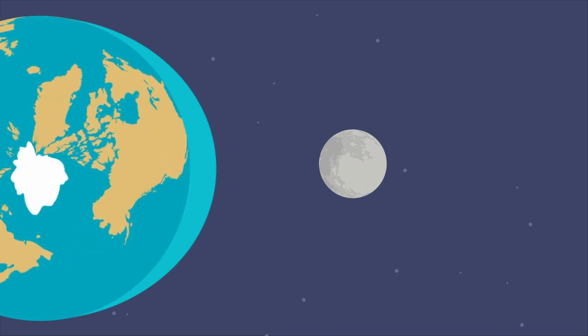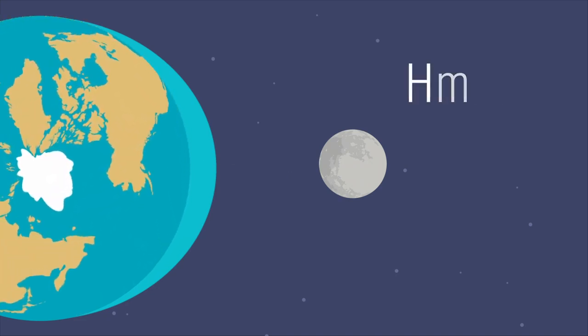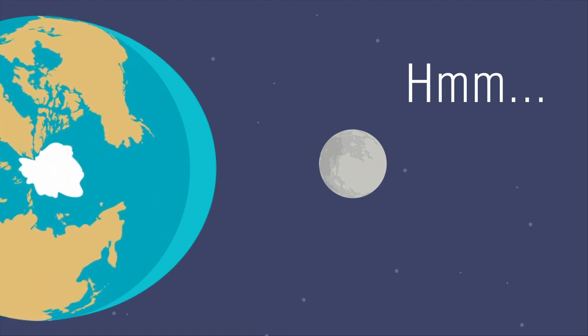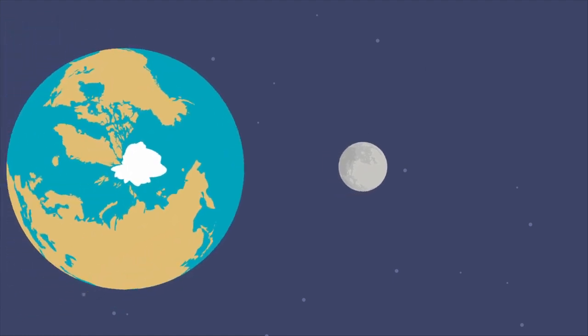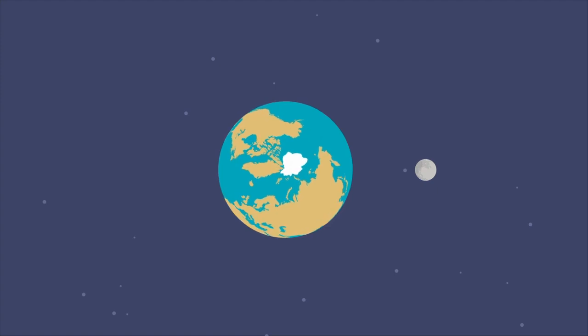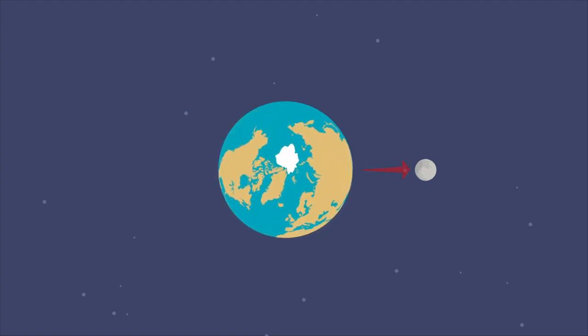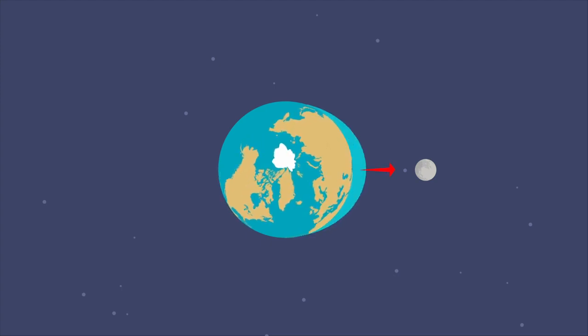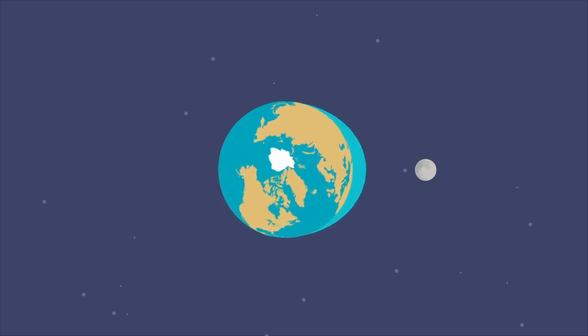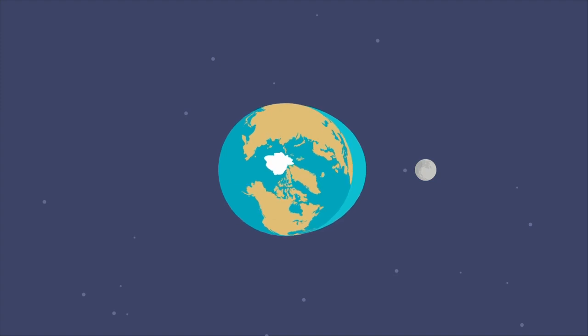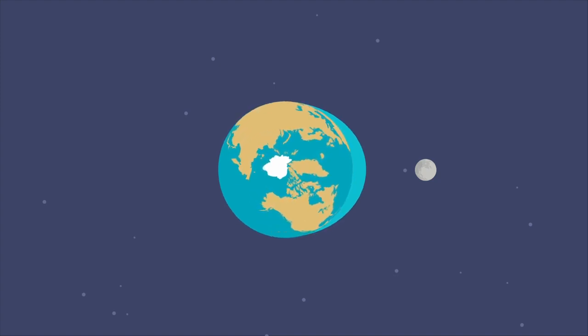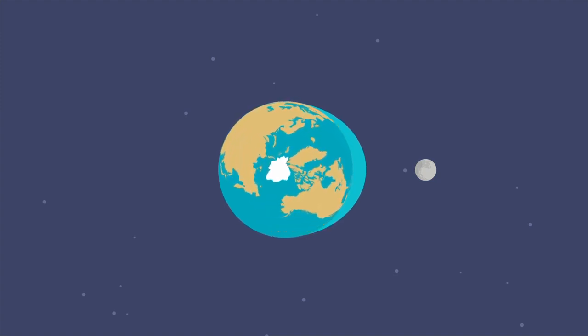That explains the first high tide each day, but what explains the second high tide? This is where things get a little tricky. As we mentioned earlier, when the moon's gravity pulls on one side of Earth, it creates a tidal bulge toward the moon. But the tidal force actually affects the whole planet, not just one side of Earth.